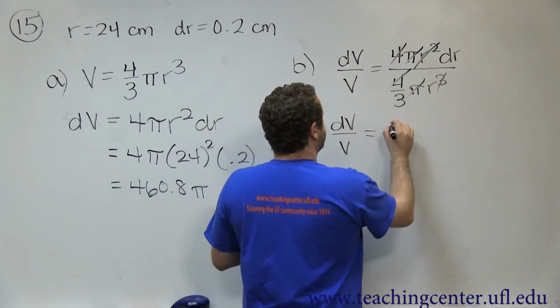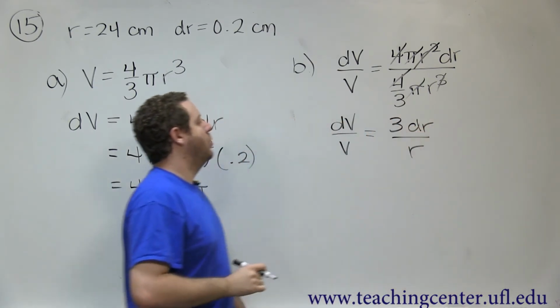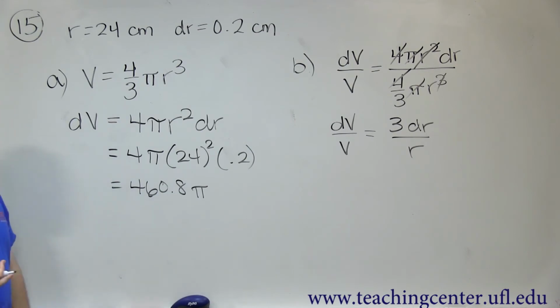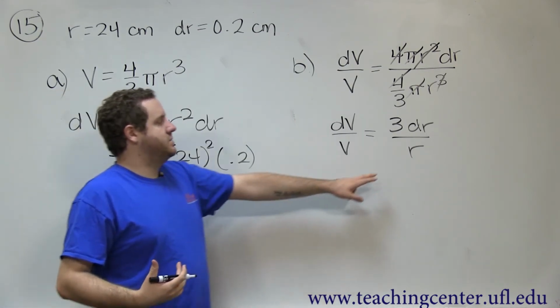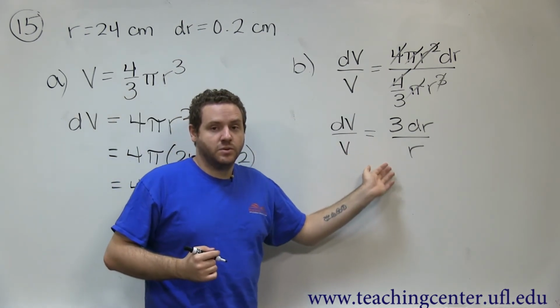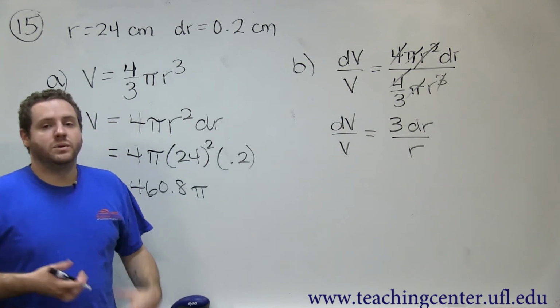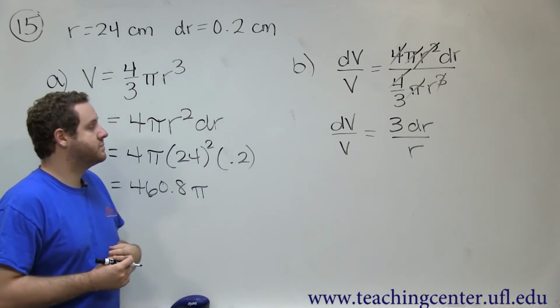So our relative error boils down to just 3 dr over r. You can see why I did it this way, because now plugging in r and dr is a really easy fraction to do, whereas if you had plugged in all the values for dV and V, you would have gotten an obnoxious number.